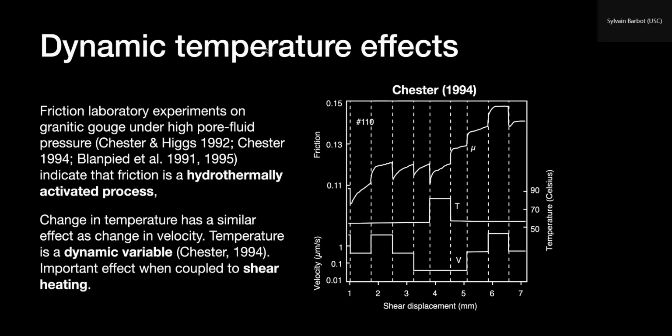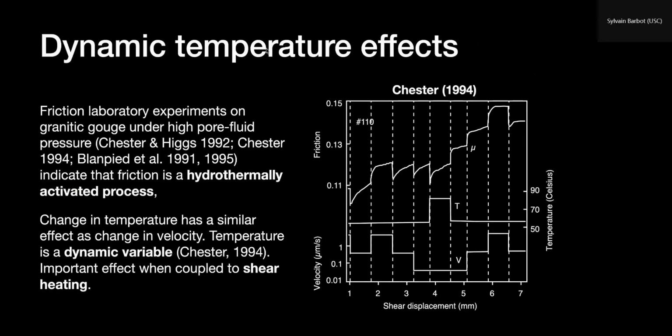So in the first few steps here, he imposed sliding at various velocities. And you can see the direct effect and evolutionary phase that follows. These are well-known effects. But then, at some point, he maintains the velocity of sliding constant, and he changes the temperature of the sample.